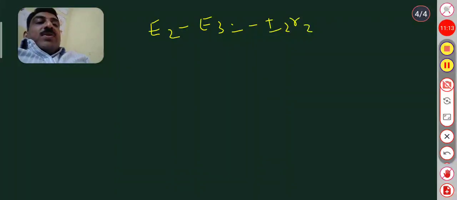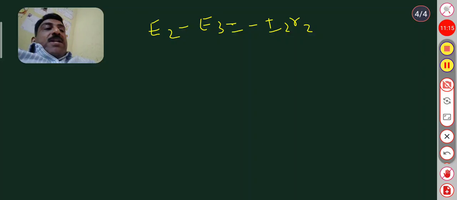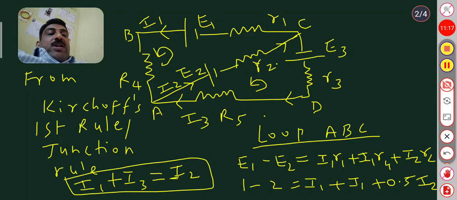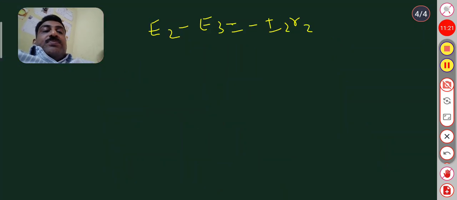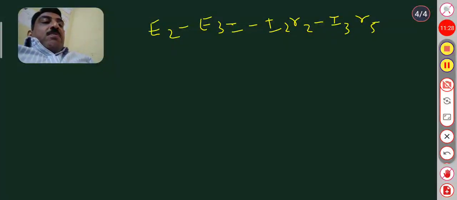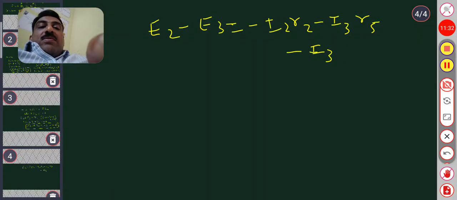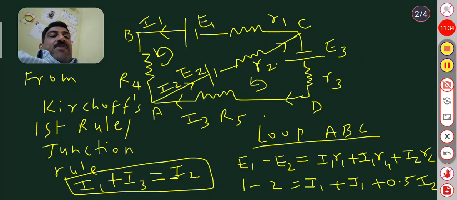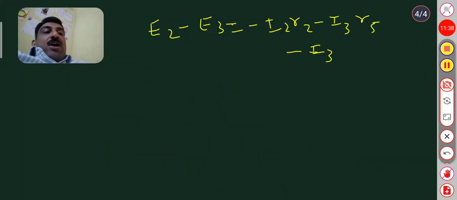So minus I2 R2, then minus I3 R5, and minus I3 R3.